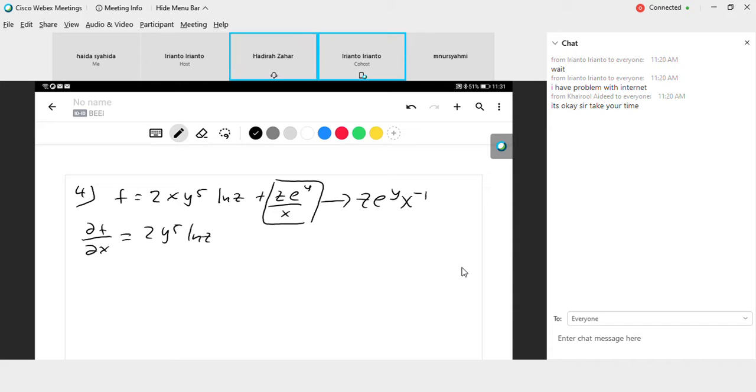If you want to do it like this, z e^(y/x), then x to the power of -2. Correct, -2. So at the end you still need to multiply. Simplify will be 2y^5 ln z minus z e^(y/x) over x squared.